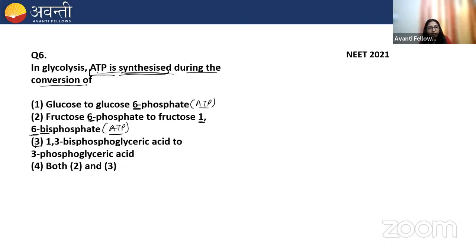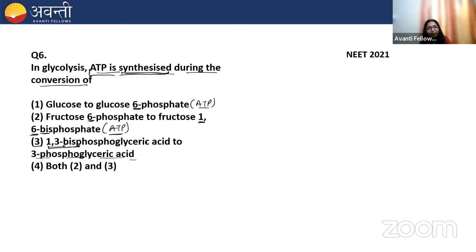Option number 3 says 1,3-bisphosphoglyceric acid to 3-phosphoglyceric acid. In 1,3-bisphosphoglyceric acid, there is a phosphate group present at the 1 position.